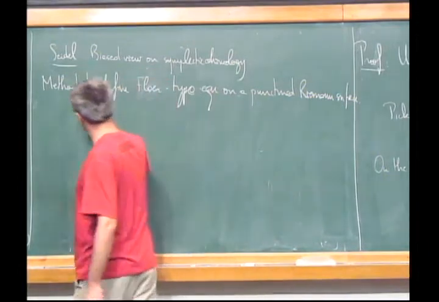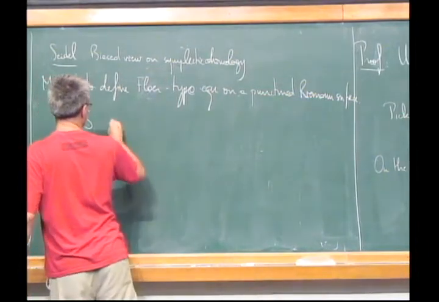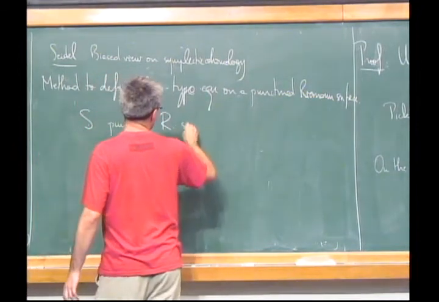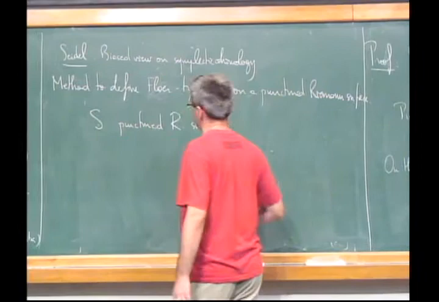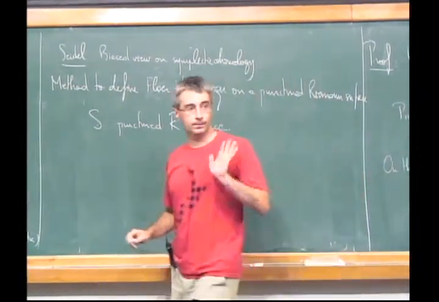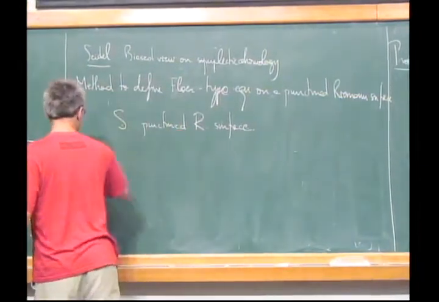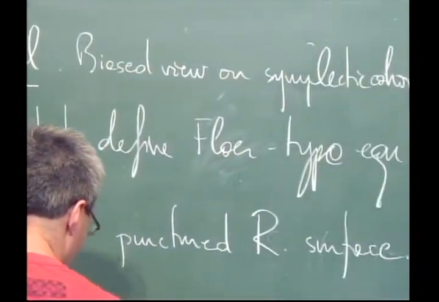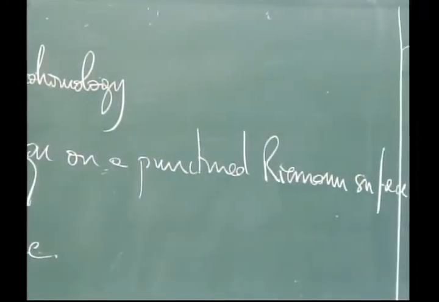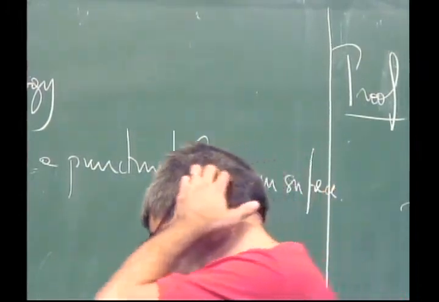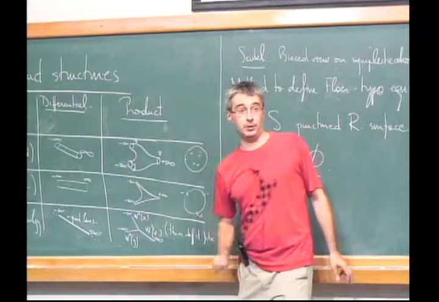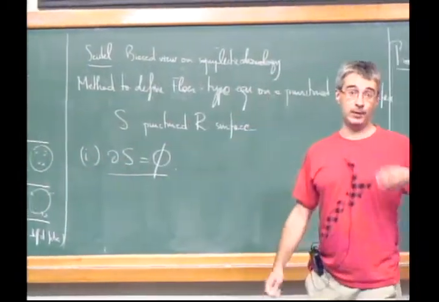So you take your punctured Riemann surface S. Assume for the time being that it has no boundary, which would correspond to this thing. Now you have to declare which are the negative punctures and which are the positive punctures. What does it mean to declare a puncture to be negative or positive?